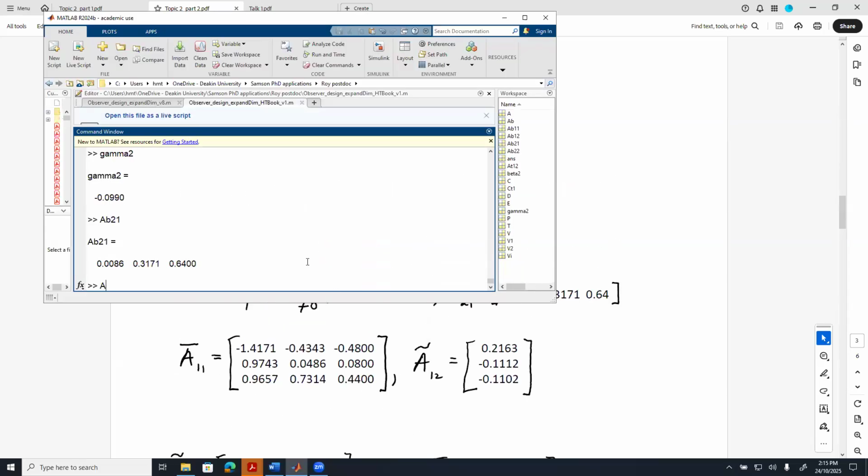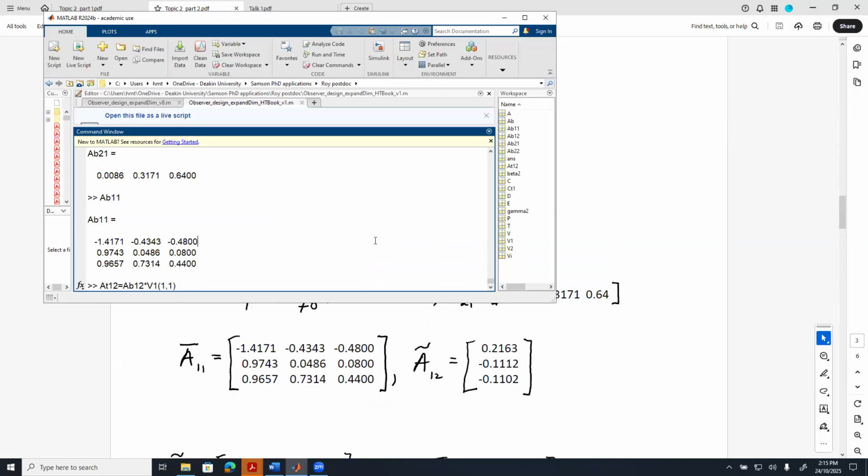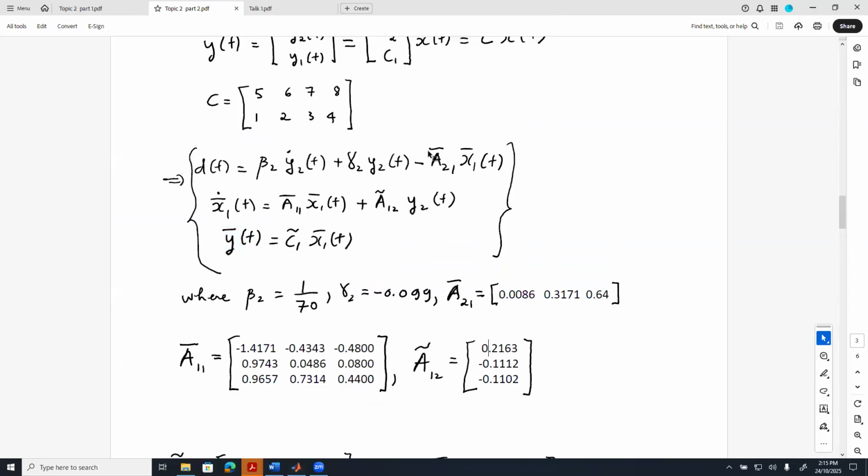Have a look at I bar 1, 1. There you go. And I tilde 1, 2. By the way, I tilde 1, 2 is basically a single column because V1 has a special structure, and so we just pick the first element of it, and that's where we get this I tilde 1, 2, which is the one in here.